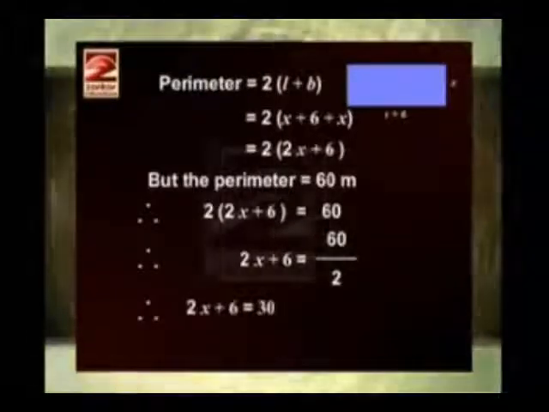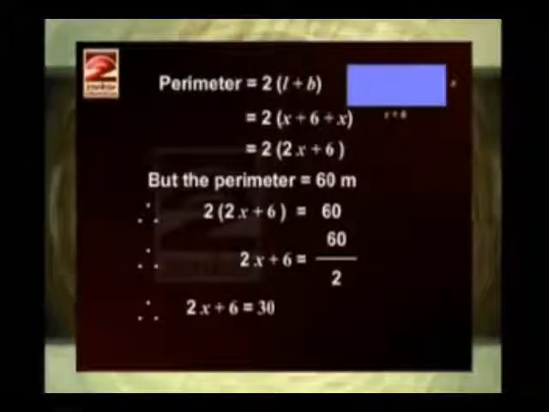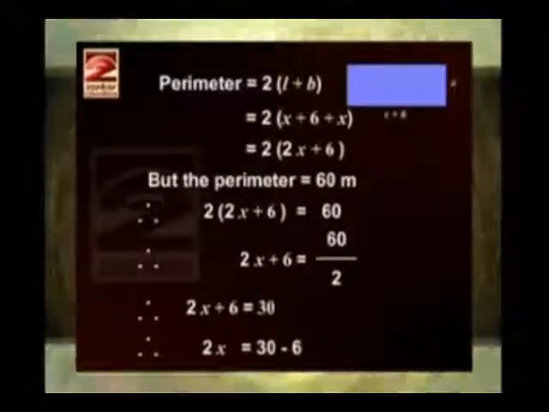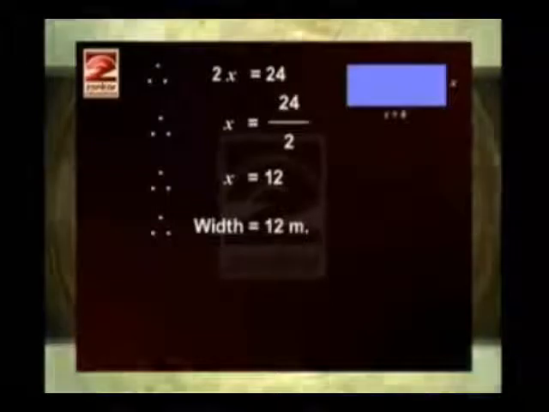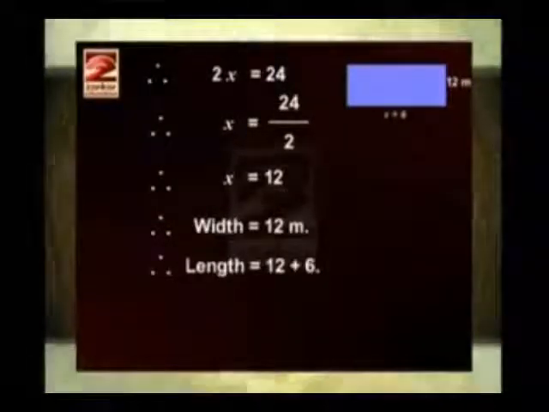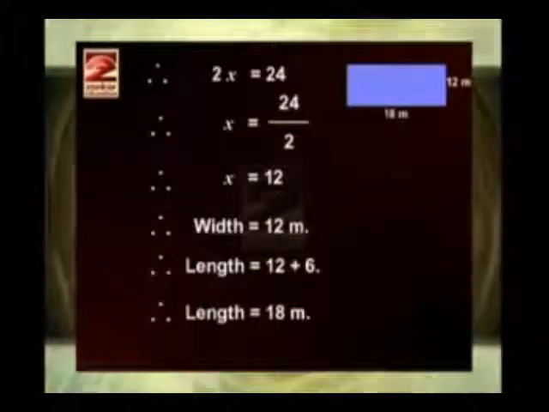Therefore, 2x plus 6 is equal to 30. Therefore, 2x is equal to 30 minus 6. Therefore, 2x is equal to 24. Therefore, x is equal to 12. And therefore, width is equal to 12 meters and length is equal to 12 plus 6, that is equal to 18 meters.